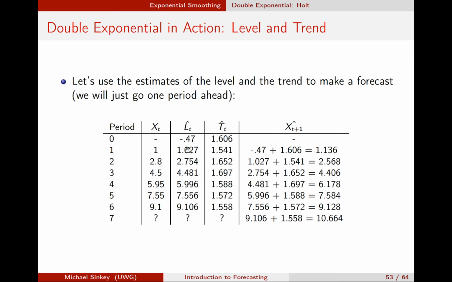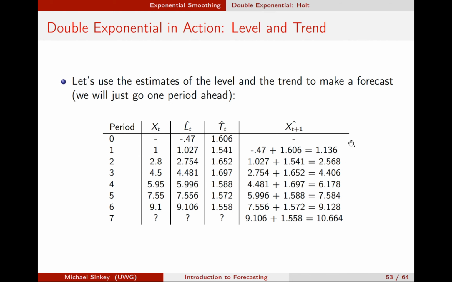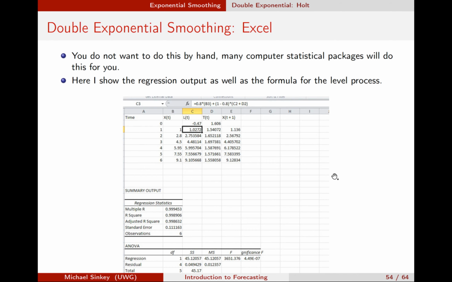Then the level for period 1 and the trend for period 1 come from the level and trend equations. You add them to get a forecast. So everything after the minus 0.47 in this column came out of the level equations, and everything after the 1.606 came out of the trend equations. This is the level and the trend. And we just keep adding throughout.